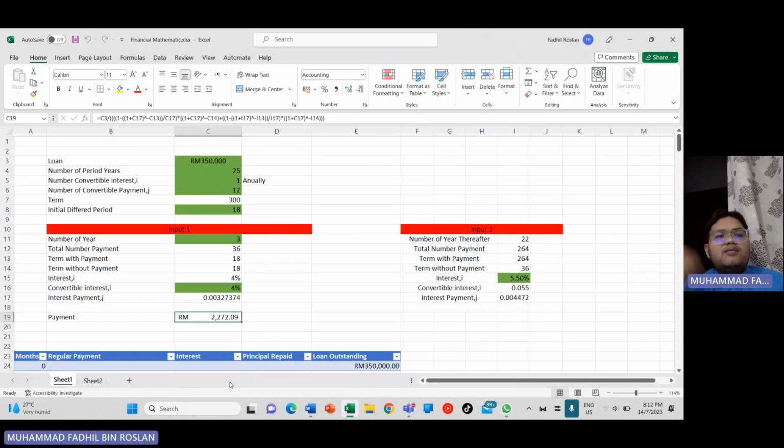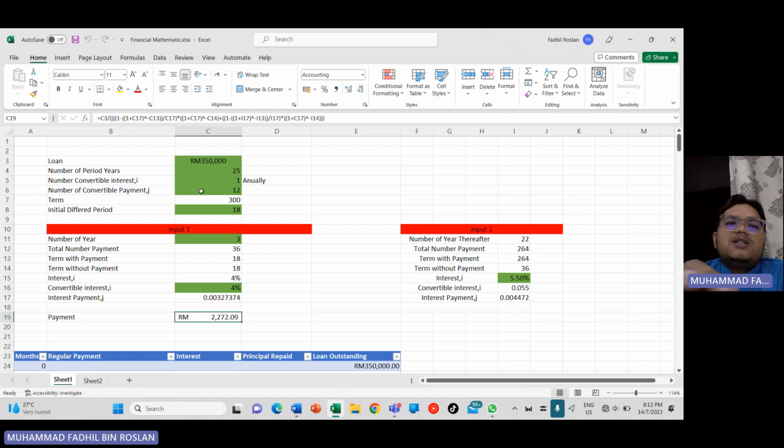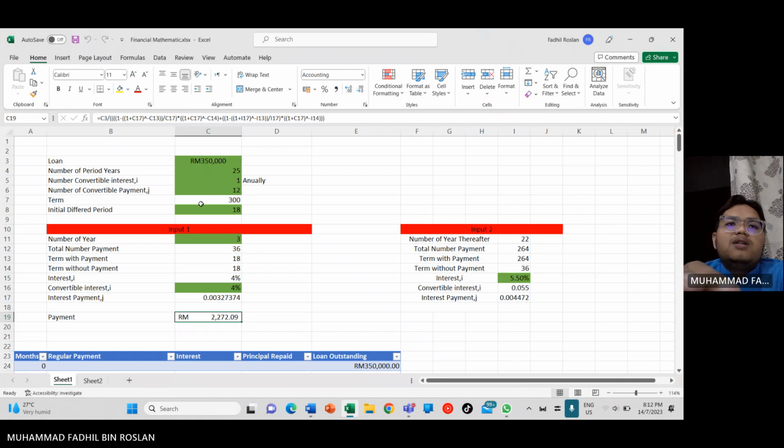From that, you can see the loan is 350,000, the term is 25 years, the convertible interest is 4%, and the number of convertible payments J is 12. The term is 300, that is 25 multiplied by 12.